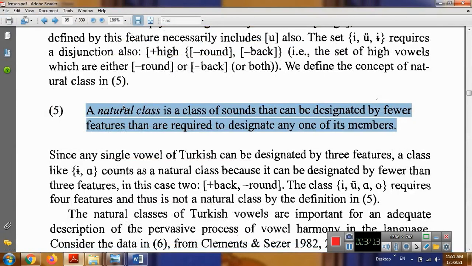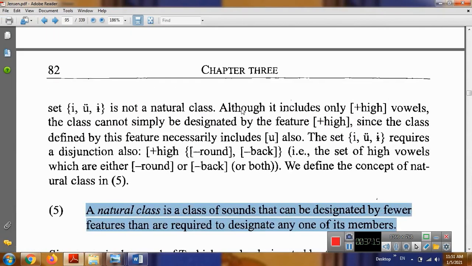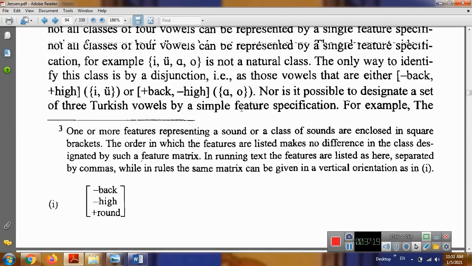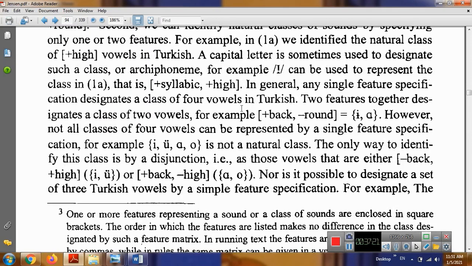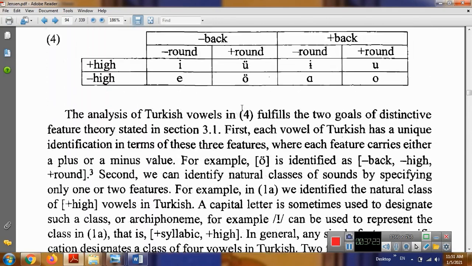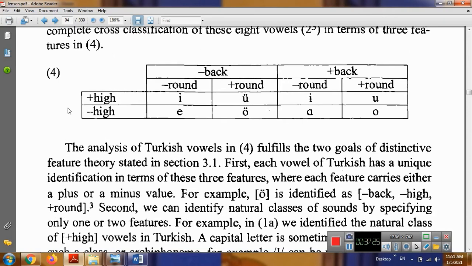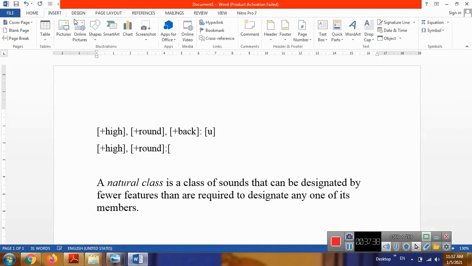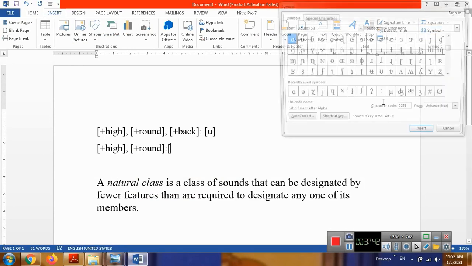Plus high, plus round. Which sounds are plus high, plus round? Ü, ü. I want to write them down.